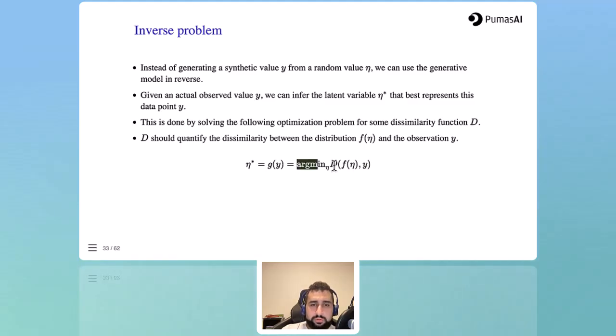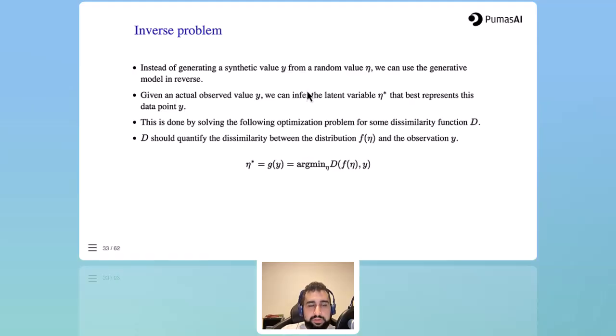And now this whole thing is going to be denoted by a function g of y. So y here now becomes the input, not the output anymore. y is the input of this function, and the output is the value of eta star, which is the best value of eta that could have possibly generated this data y, assuming this data point y actually comes from the model that we have.